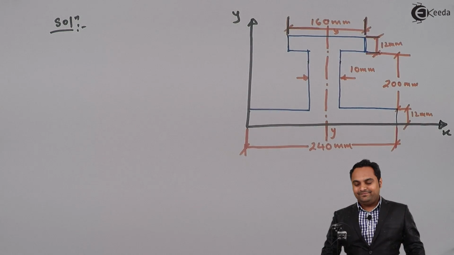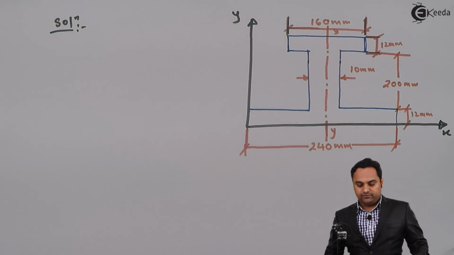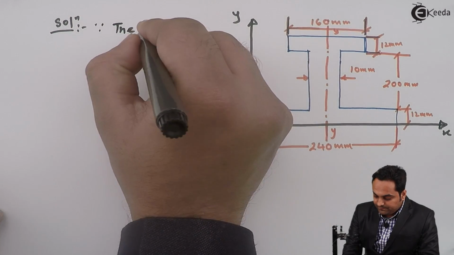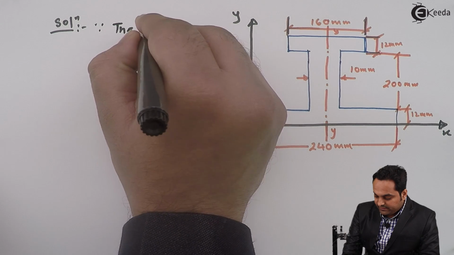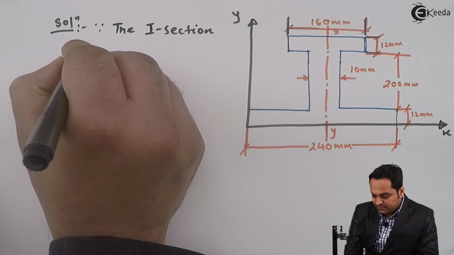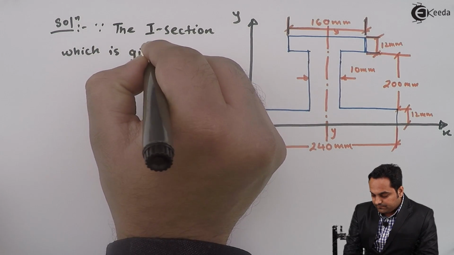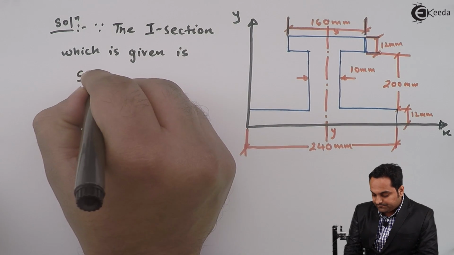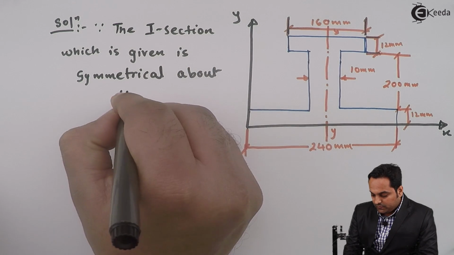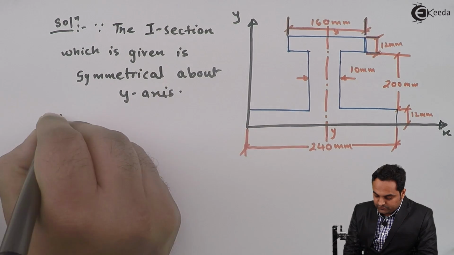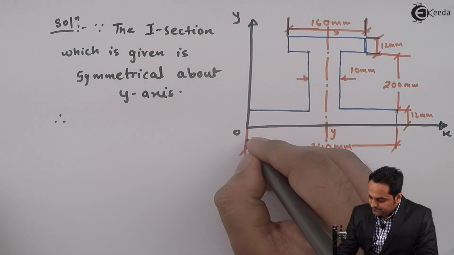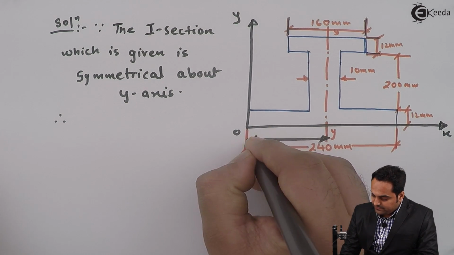It is clearly visible. So the first thing is we should know the location of centroid. So I'll say that since the I section which is given is symmetrical about y-axis, therefore this y-axis, its distance from the origin, that will give us x bar.